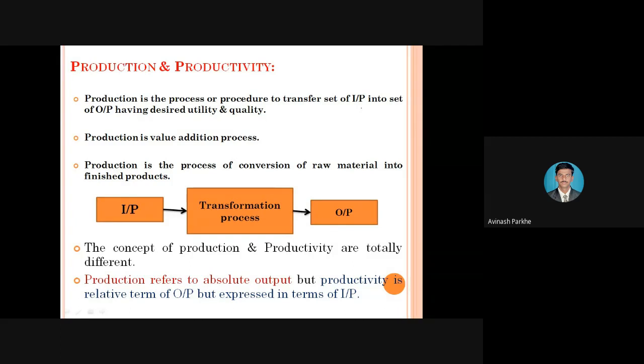In addition to that, we have to focus on utility also, because we are producing the product, but what is the use of that particular product? So first of all, before manufacturing, we have to check its utility, whether that product is useful for the market or for the customer or not. That utility we have to check first, and then only go for the manufacturing.